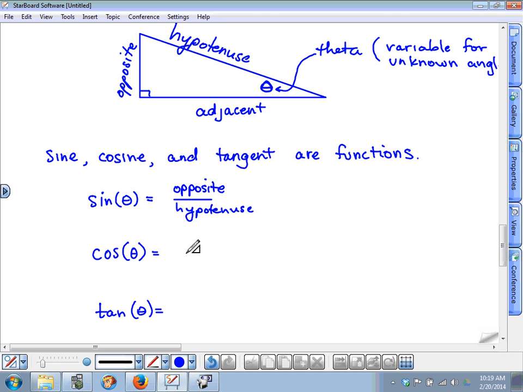Cosine is similar. It's still a fraction. It's the adjacent side divided by the length of the hypotenuse.